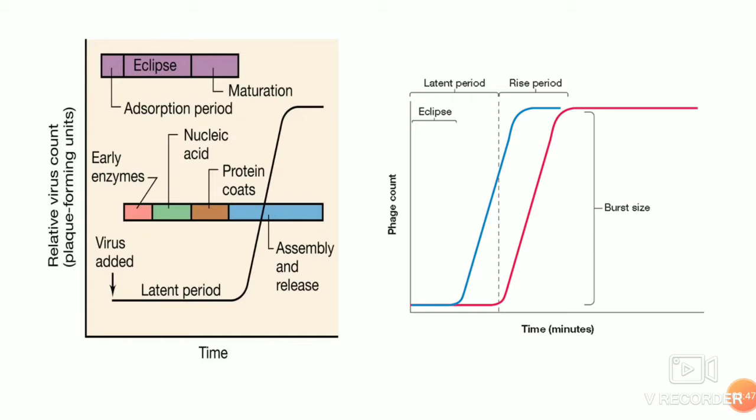In the eclipse phase, though it is produced, it is not observed. At these time points, when you mix the cells with the host and plate it, they do not form any plaque forming unit, though the viruses are present in the eclipse phase.